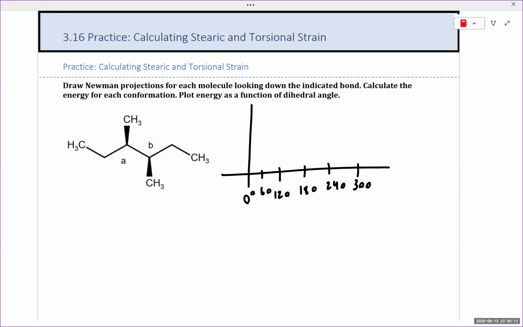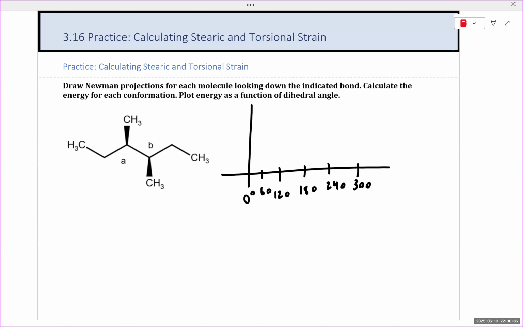So before we discuss this example, I'd like you to pause and take some time to draw the Newman projections for this molecule. Look at the Newman projection for each bond rotation for the dihedral angle changes. So I want you to draw the Newman projections for 0, 60, 120, 180, 240, and 300.